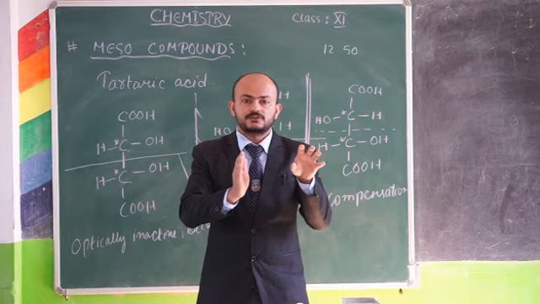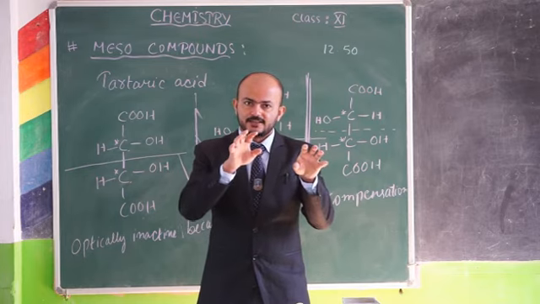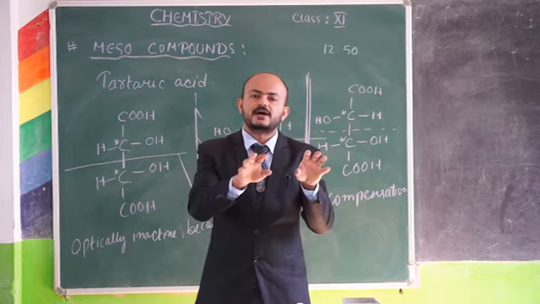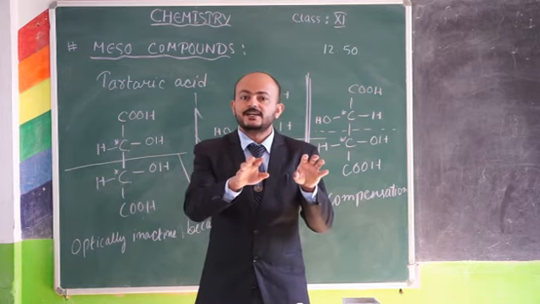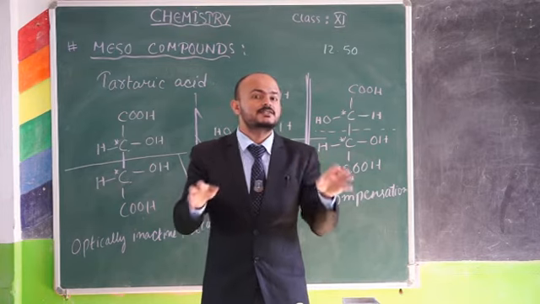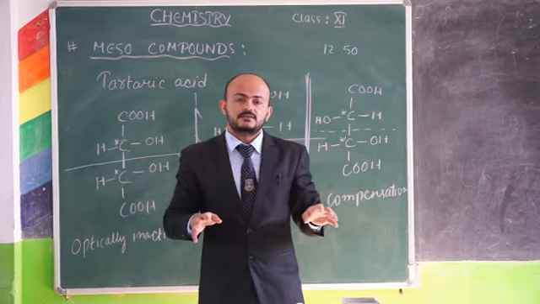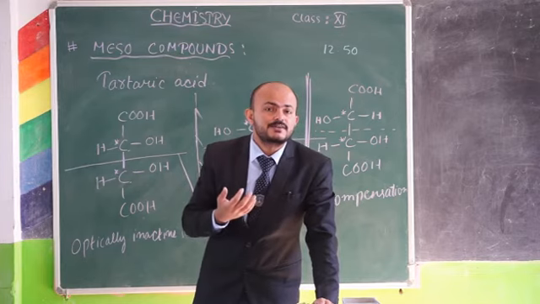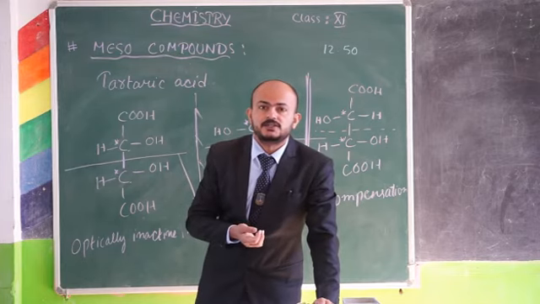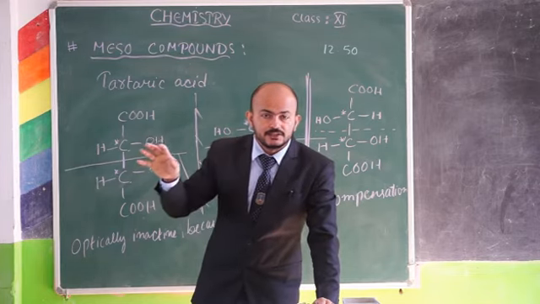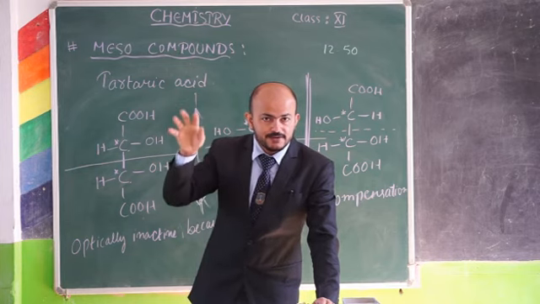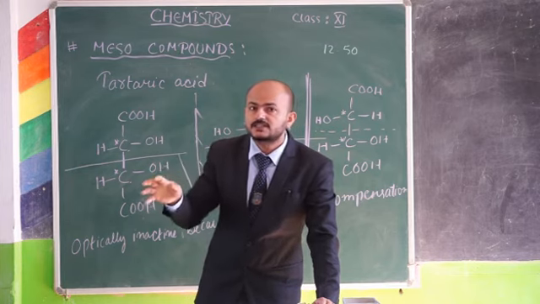The rotation of one molecule of the laevo form is cancelled out by one molecule of the dextro form. Therefore, they are optically inactive because of external compensation. But individually, in a racemic mixture, if you have only the laevo form, then that is optically active.